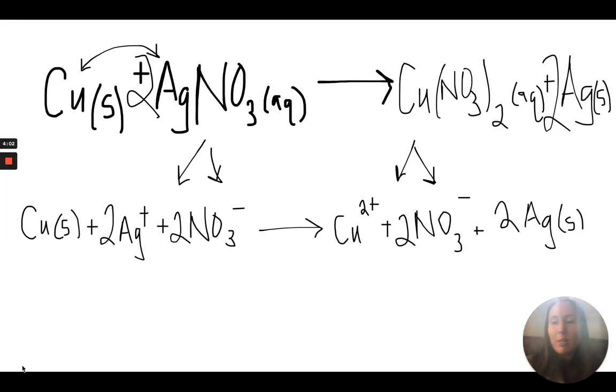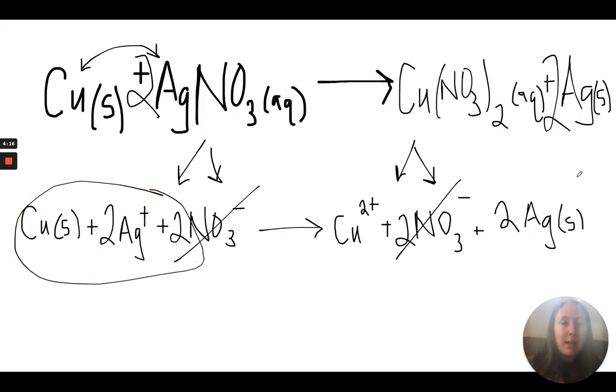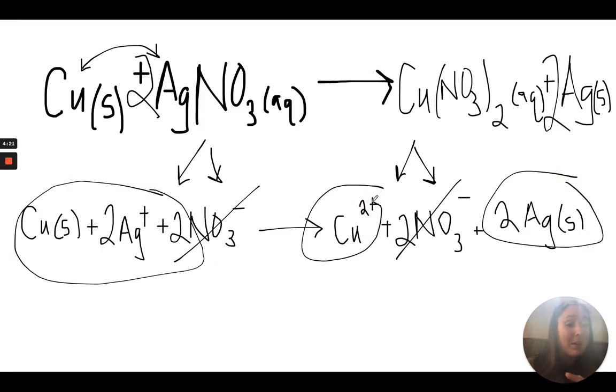Now we're going to cross out any spectator ions to form the net ionic. It looks like nitrate is the only spectator, so what's left is going to be my net ionic equation. I can't cross out copper solid and copper ions because those are not the same thing.